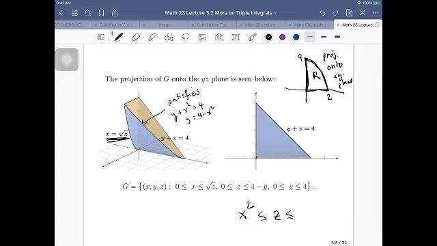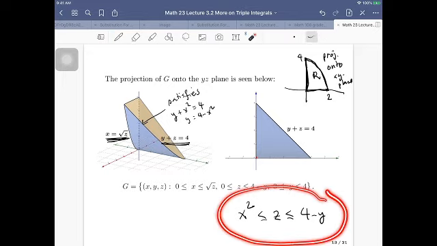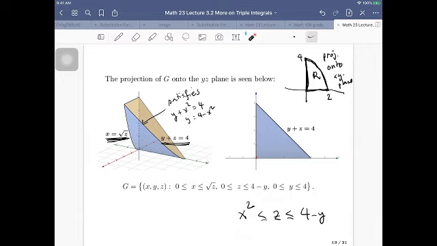And then the ceiling function will just be the yellow surface, which has equation z equals 4 minus y. So these are the limits of integration of the innermost integral. The limits of integration of the double integral will be found by considering this region with boundary lines and parabola.